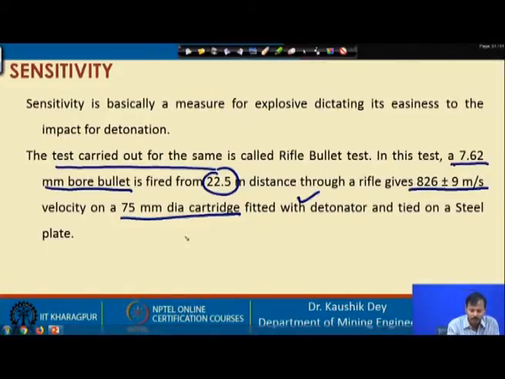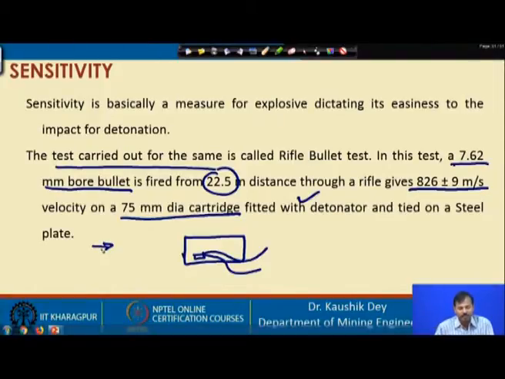Suppose, if you see, this is the explosive cartridge, which is cap sensitive, that means detonator sensitive explosive. In that case, we must provide a detonator inside the explosive, and then we subject the explosive under the rifle bullet test. So, the bullet will hit this explosive, and the explosive is in a condition where the shock may detonate the total system.